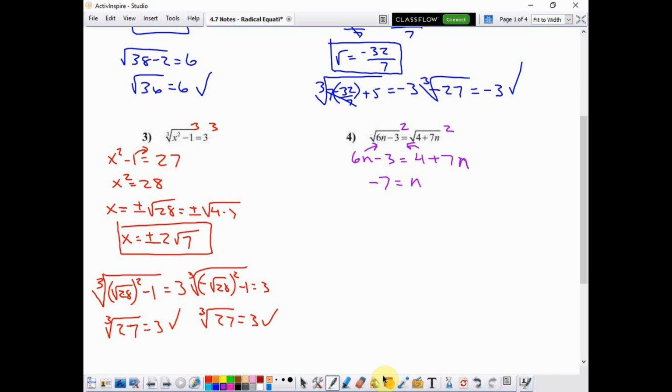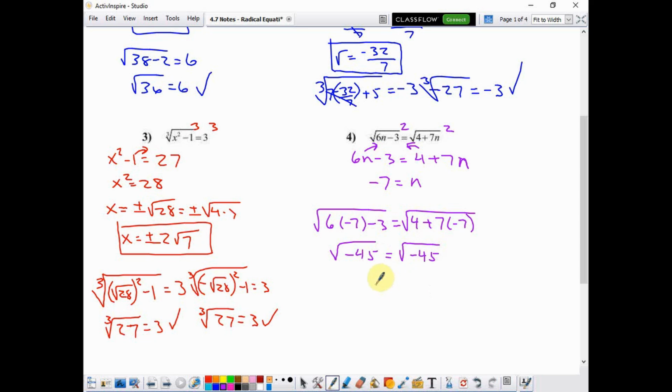Now I just need to check it. 6 times negative 7 minus 3 square root equals 4 plus 7 times negative 7 square root. So I've got negative 42 minus 3, that's negative 45. And I've got negative 49 plus 4, that's negative 45.